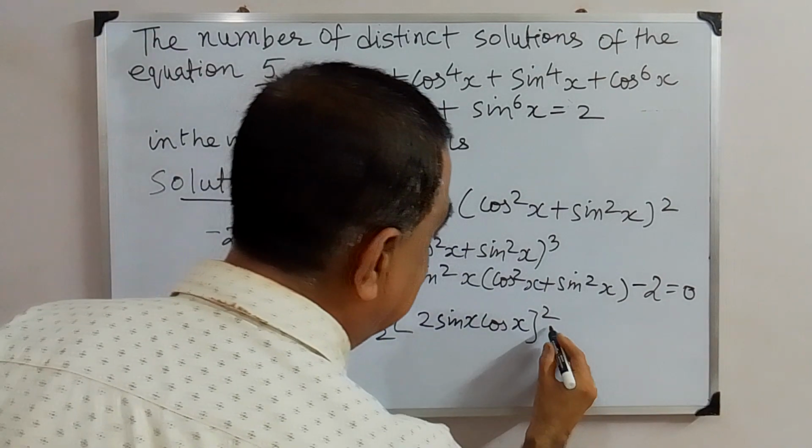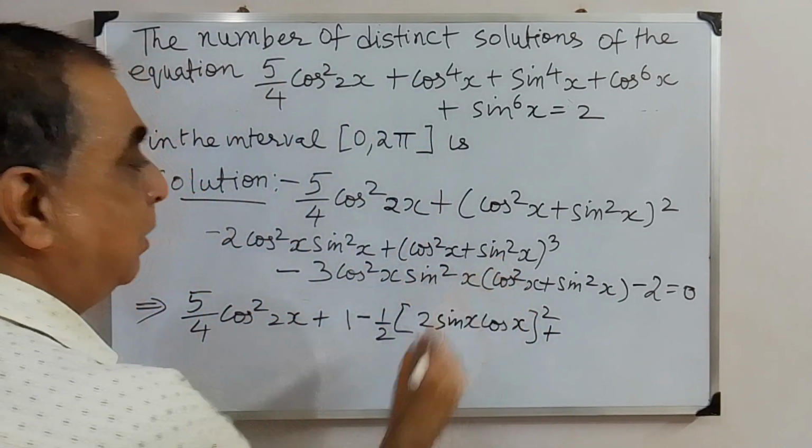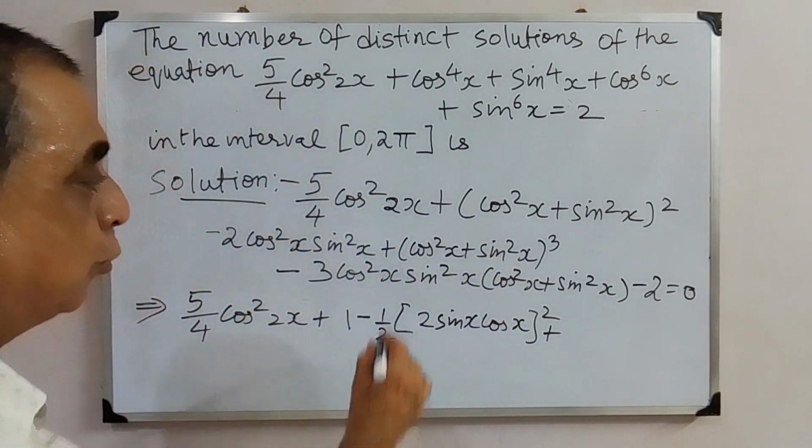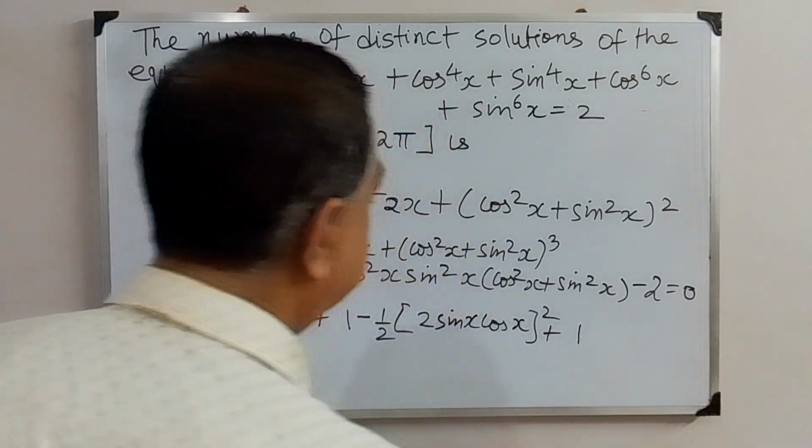Plus, cos squared x + sin squared x value is 1, so 1 cube is 1.